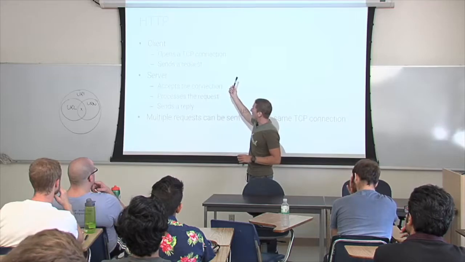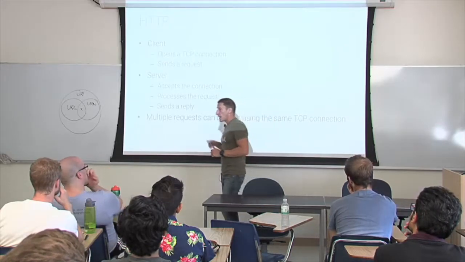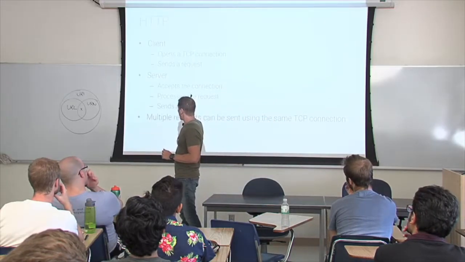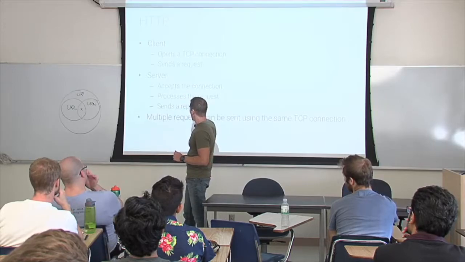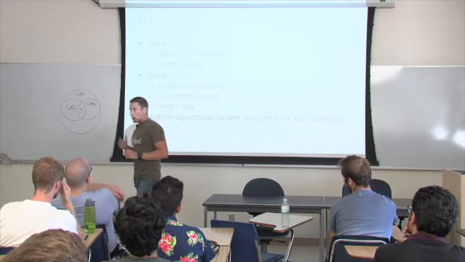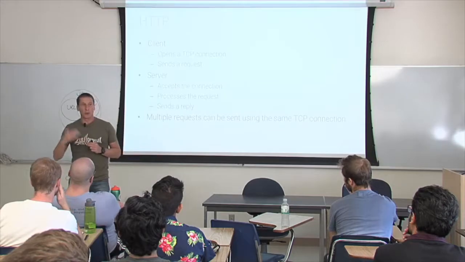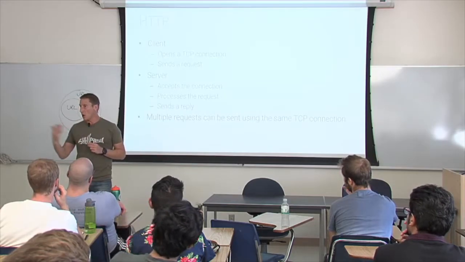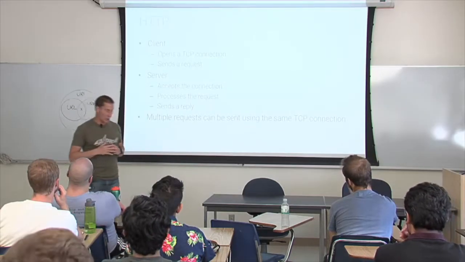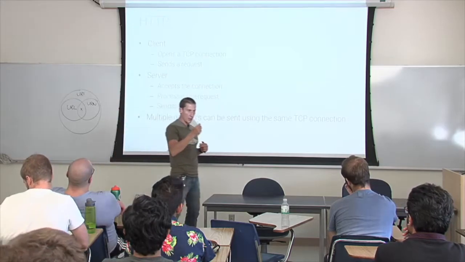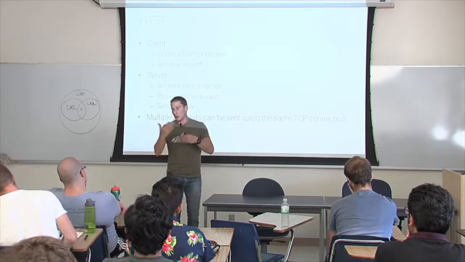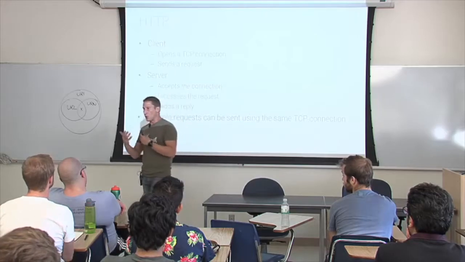The client opens a TCP connection to port 80 and sends a request. The server accepts the connection, processes the request, and sends a reply. In theory, you can have multiple requests going on the same channel.